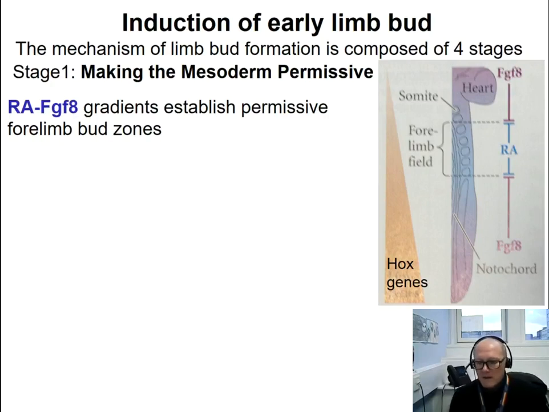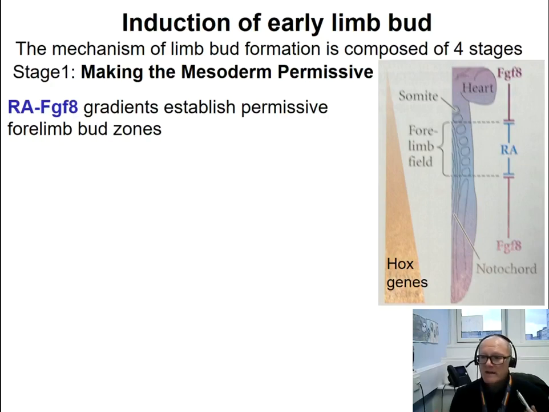Now, first of all, it should not be a surprise to you by now that retinoic acid and FGF signals, FGF8 in this case, are interacting with each other. We saw this many times already, when we talked about anterior-posterior axis formation and somitogenesis.